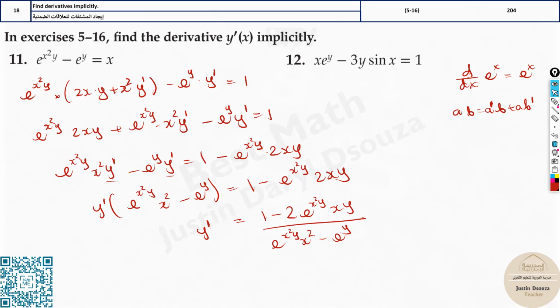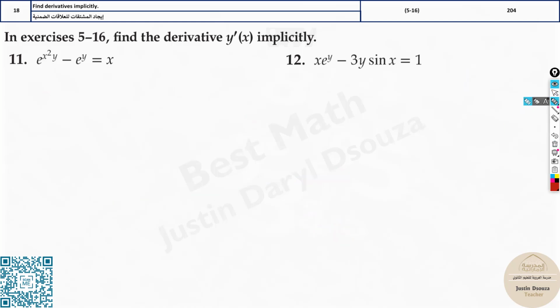Now let me do this one as well quickly. Question 12 would be product rule here. Again, I'm just going to write it quickly: the derivation of the first one, e to the power y, plus x e to the power y, minus what happens here. Again, it's a product rule, 3 outside.